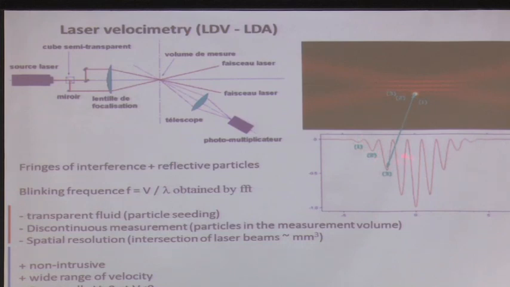And then if you look at the frequency here, and you know the wavelength of your fringes, there is a relation between the frequency and the velocity of travel inside the measurement volume. If you know the fringes, because you know your optical system, and you measure the frequency, you have access to the velocity of the particle. Okay?